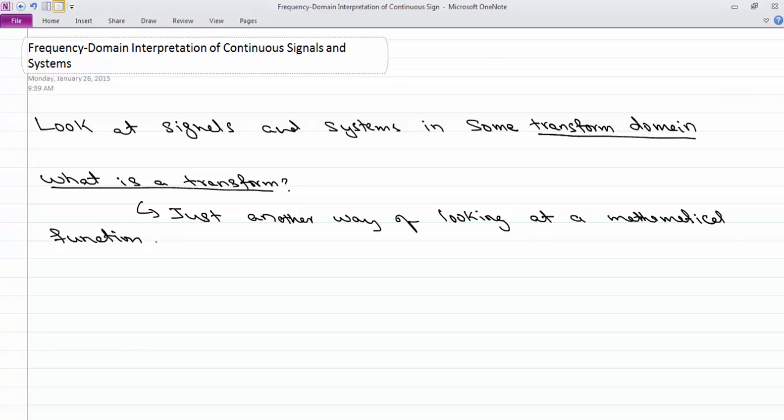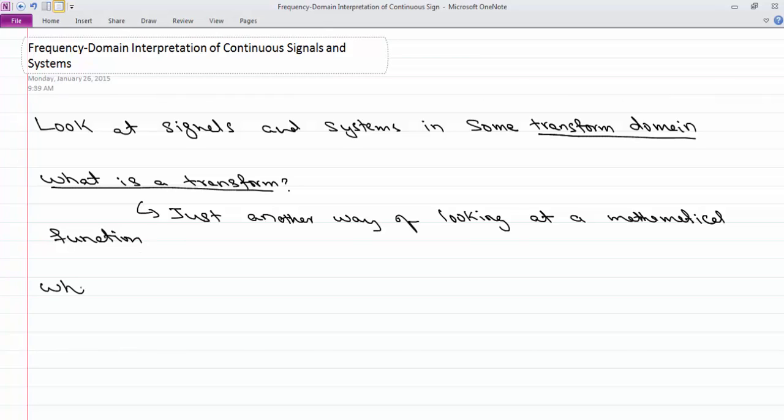Because it will give you certain different information that you didn't previously have about it. So if there is a time domain signal, we know what it looks like, but it doesn't really give us that good of an intuition. What is that signal really about? So we want to look at it in a transform domain to give us better insight into the signal.